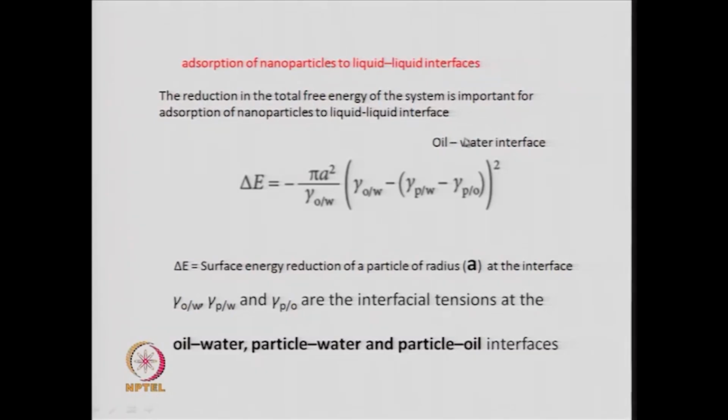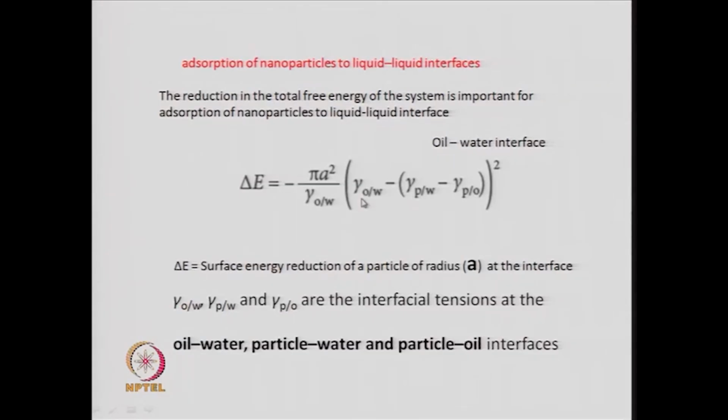So, let us consider an oil-water interface, and this delta E is the surface energy reduction, which will contribute to the lowering of the free energy. So, this surface energy reduction is given by these terms, where these gammas are basically the surface tensions of the oil-water interface, the particle-water and the particle-oil.